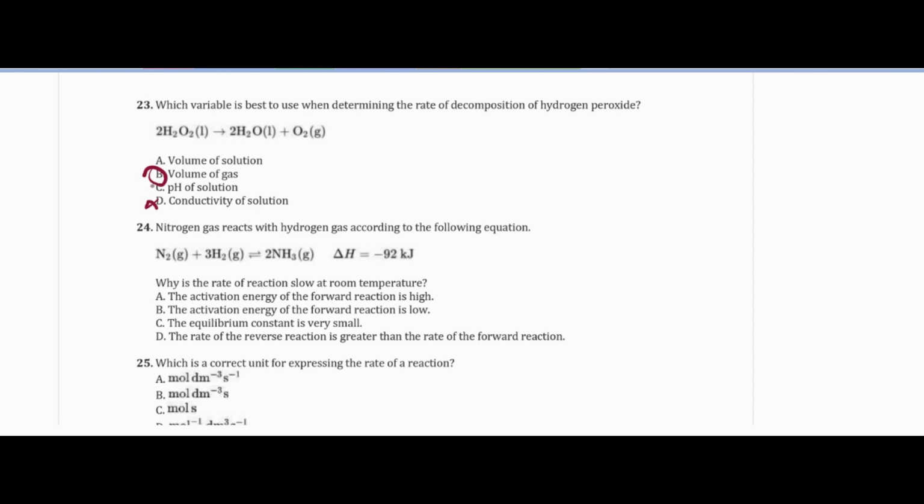There's no hydrogen ions or hydroxide ions, so no pH. Volume of solution, not really, since we have this gas. The best variable to use is not the volume of solution, but the volume of gas.